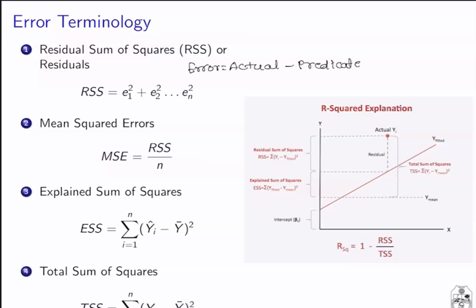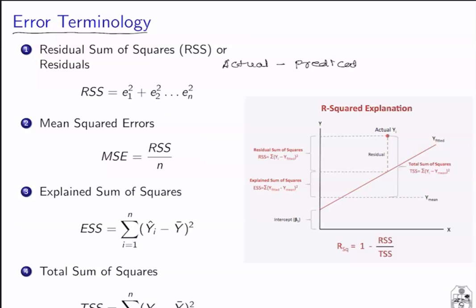So before starting the discussion on model selection, I would like to define different kinds of errors, and I am calling it the error terminology. As you know, an error is defined as the difference between the actual value minus the predicted value.